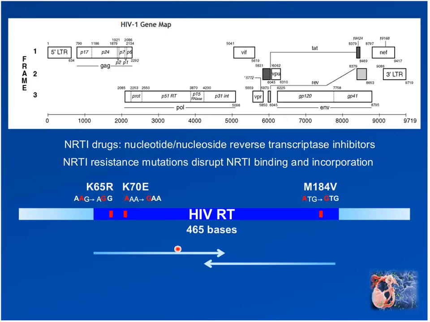You can see that in all three cases, I show the codon sequence that relates to each amino acid position, and you can see that in each case, the change, for instance, at K65R of a lysine to an arginine is a single base change of an A to a G, as are the other two amino acid changes and drug-resistant sites.